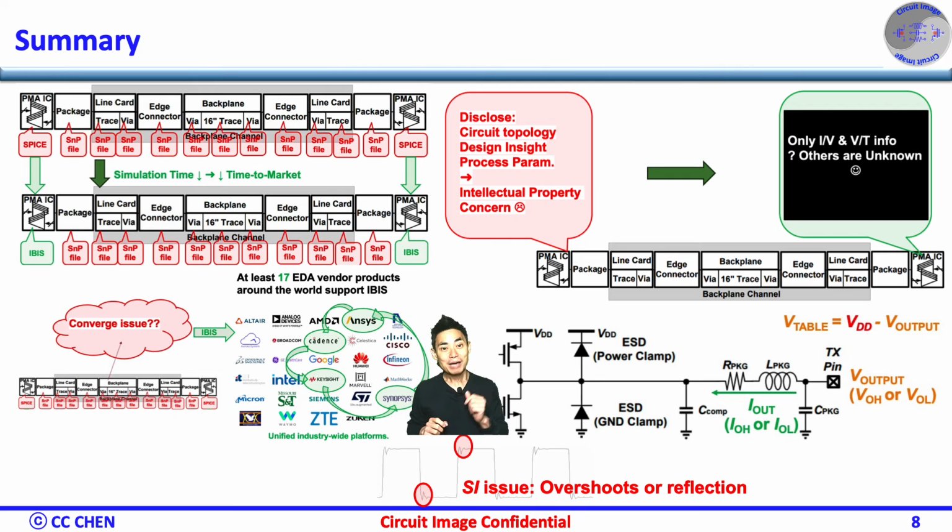Second, the IBIS model has good compatibility without convergence issues. Usually, IBIS models are supported by most EDA vendors and can be run on most industry-wide platforms. Third, the IBIS helps protect the IC vendor's proprietary information and makes the I/O model available to vendors or customers in the ecosystem of the system design.